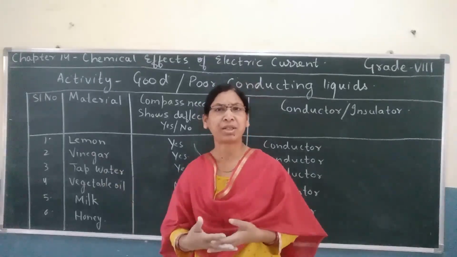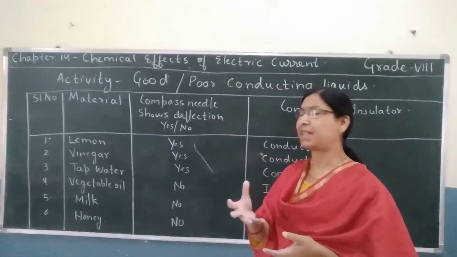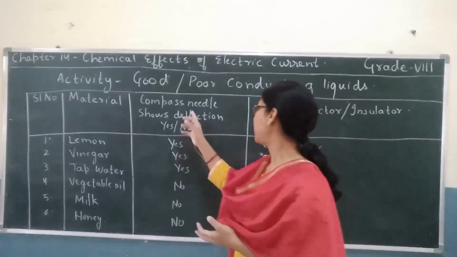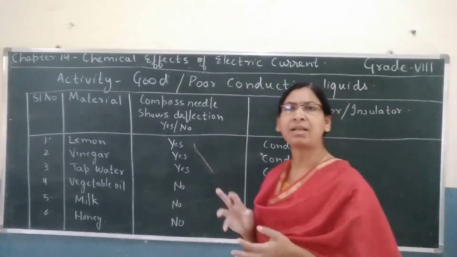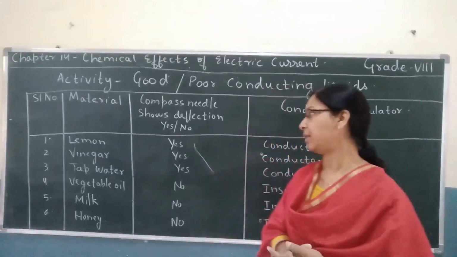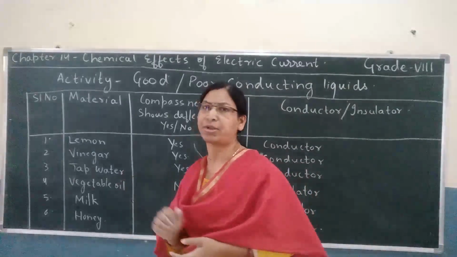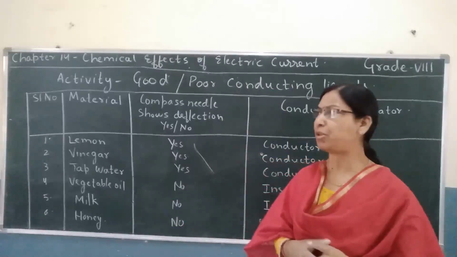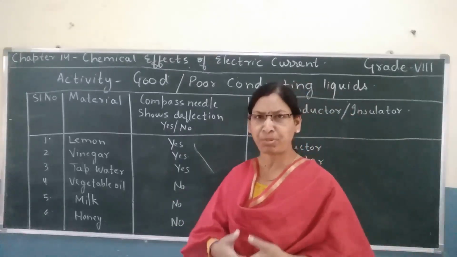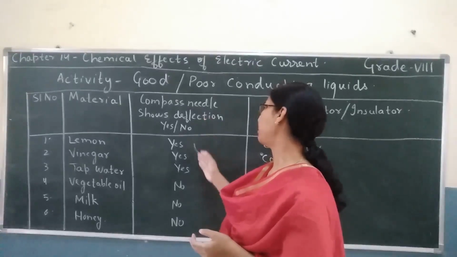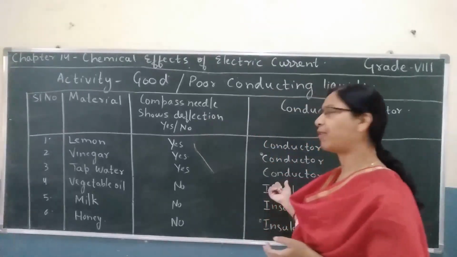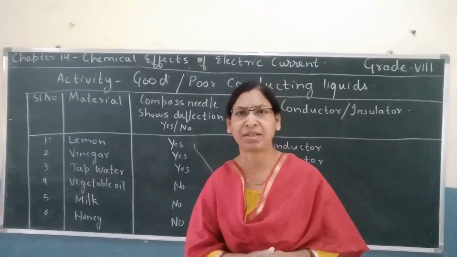This is also used in households and contains acetic acid, and that's why the compass needle will show deflection, and it is also a conductor of electricity. Third one is tap water. I have already explained that it contains some impurities. So yes, there will be deflection by the compass needle, and therefore it is a good conductor.